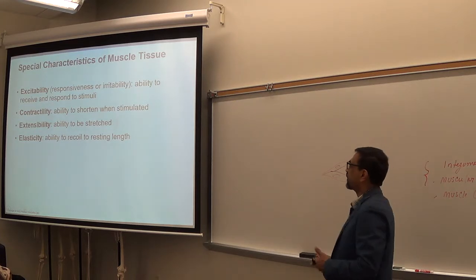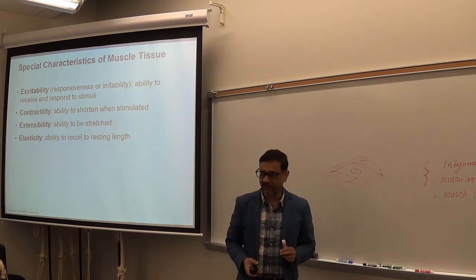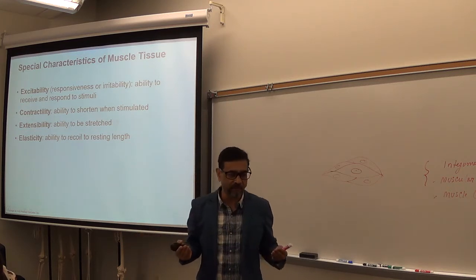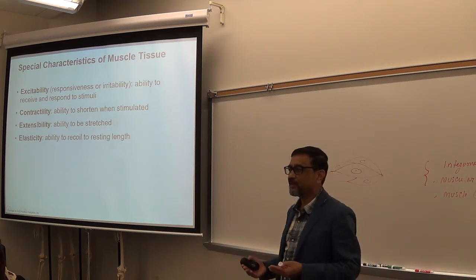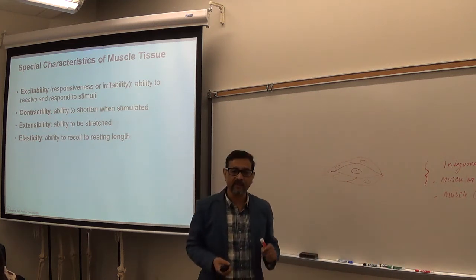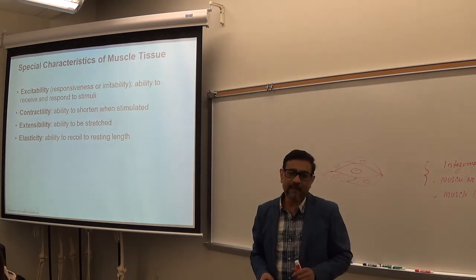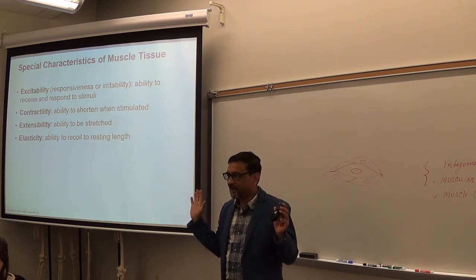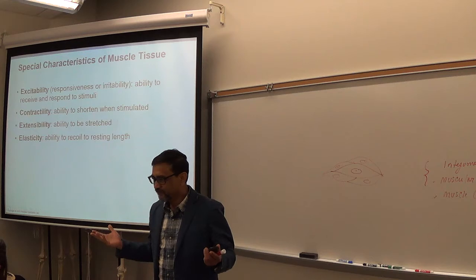Now let's see the properties of muscle tissue. How is muscle tissue different from other tissues of your body, right? Muscle tissue has some properties. What are those special properties or characteristics? Excitability, the ability to respond to a stimulus. If I poke your muscle, right, it will respond.